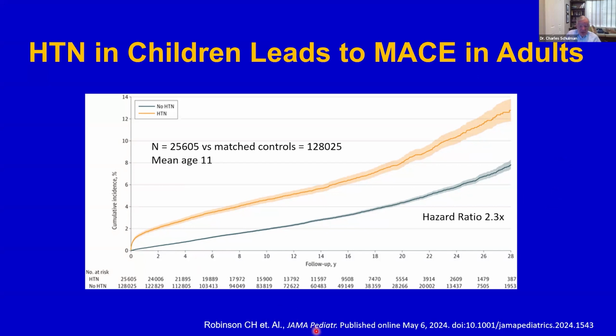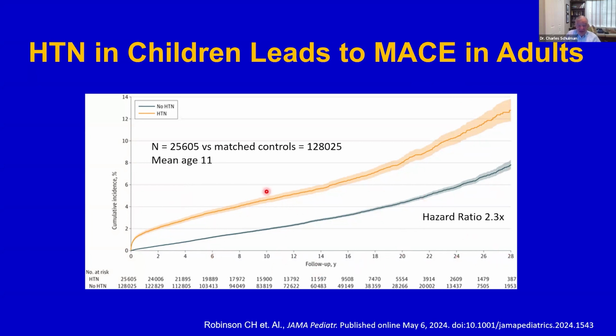This is a paper from JAMA Pediatrics, showing that 25,000 children versus matched controls with a mean age of 11 who had hypertension went on to have a 2.3 times hazard ratio of major adverse cardiac events in a 28-year follow-up.